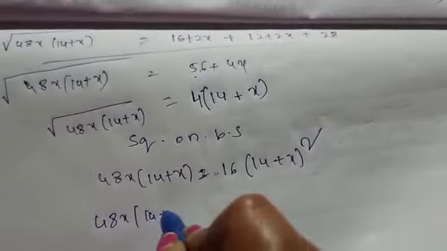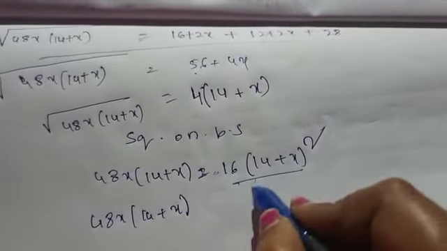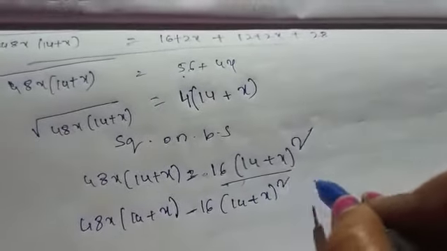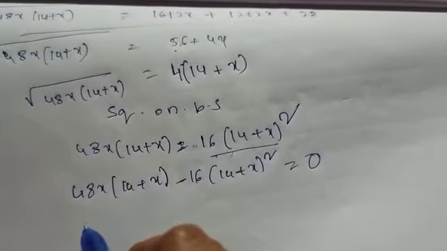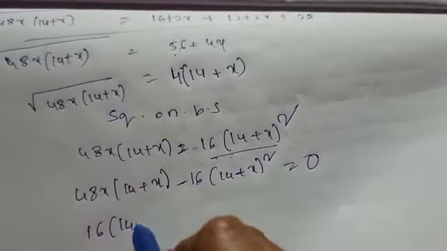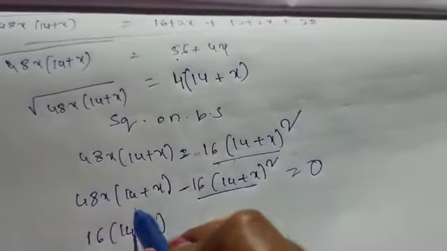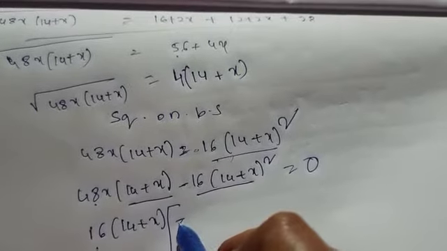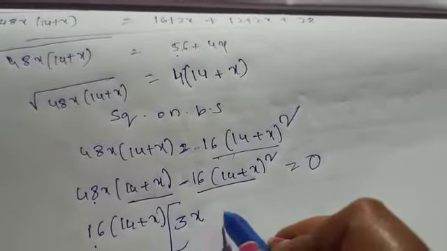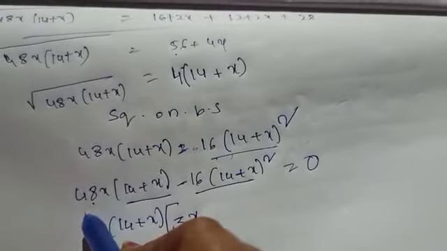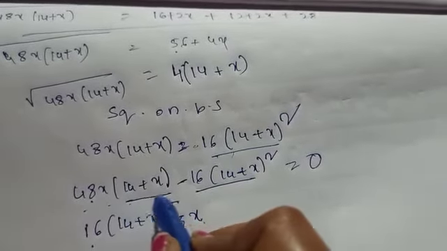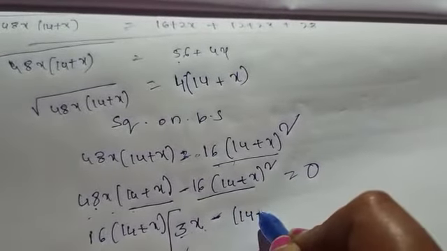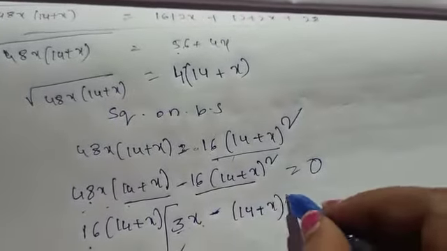48x into 14 plus x, this value comes to this side, minus 16 into (14 plus x) whole square equal to 0. Here 16 into 14 plus x is common. How many times? 3 times, 3x. 3x times 14 plus x minus 14 plus x, which is equal to 0.